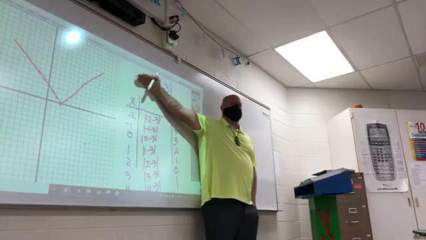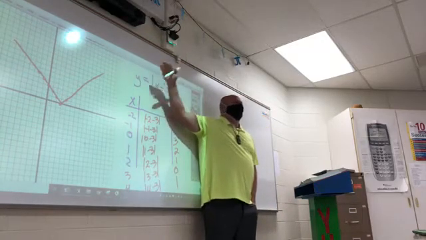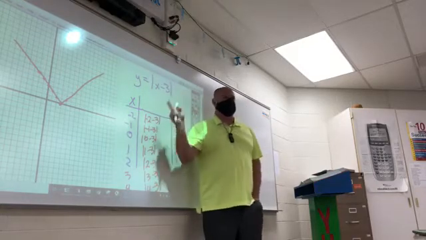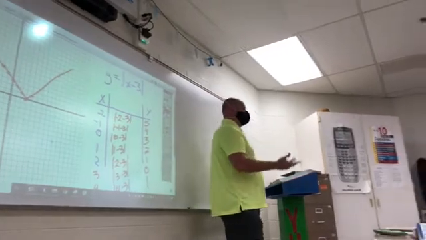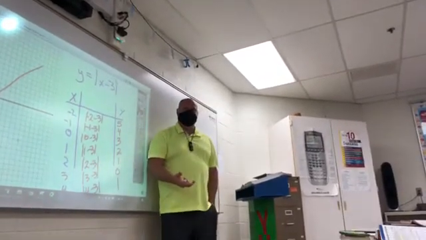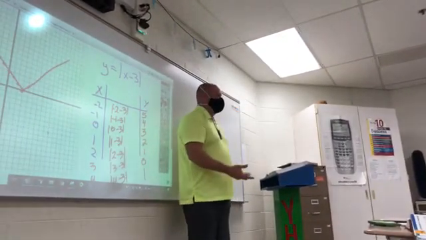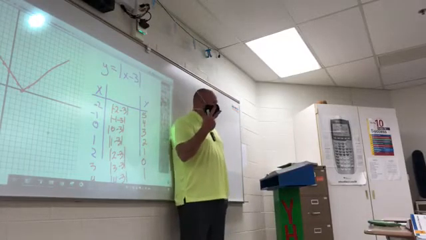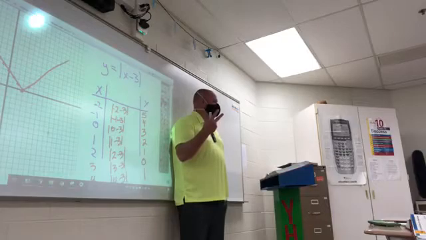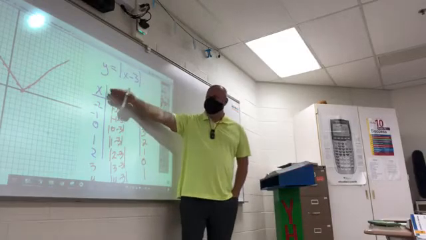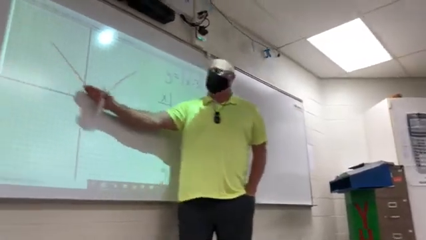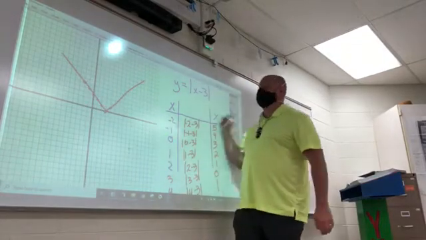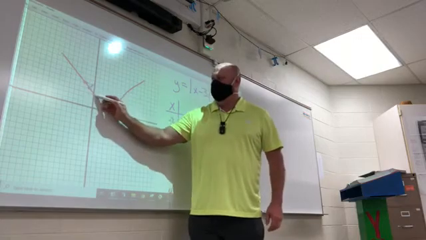That's our goal, right? How many points do I need to plot in order to draw an accurate picture? Is there a simple answer to that question? No. If it's a straight line, 2 points is enough, isn't it? When we were drawing this and we thought that that was a straight line, did we really need 5 points to draw a line?